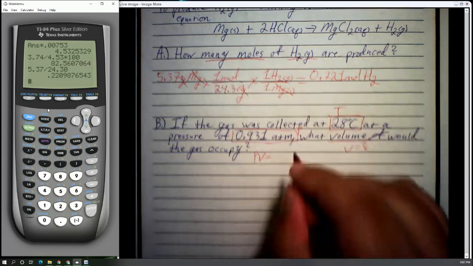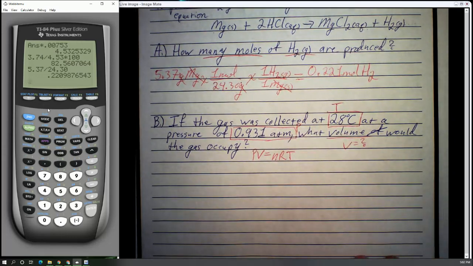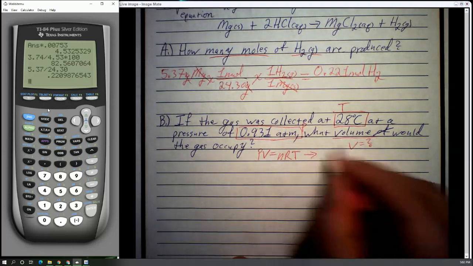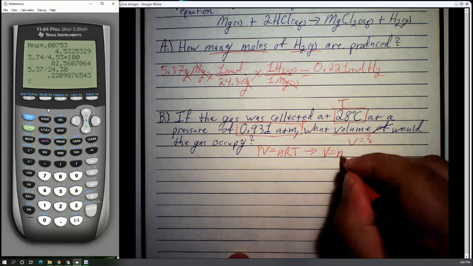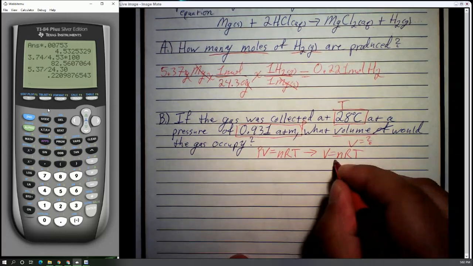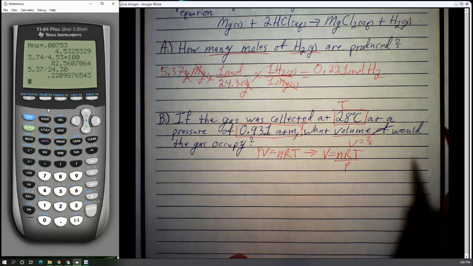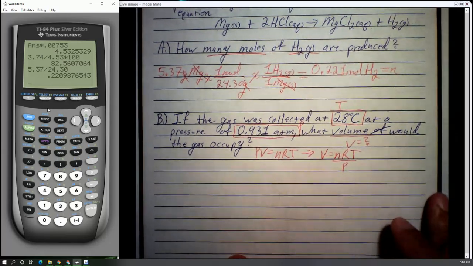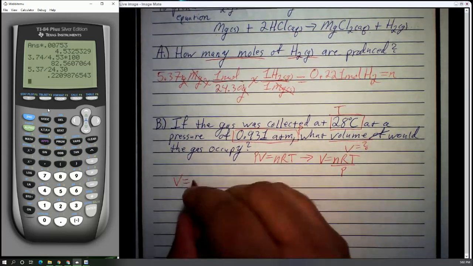PV equals nRT. So let's rearrange that for V to begin with. So V equals nRT over P. Remember, n is moles. So we got that in the previous part.